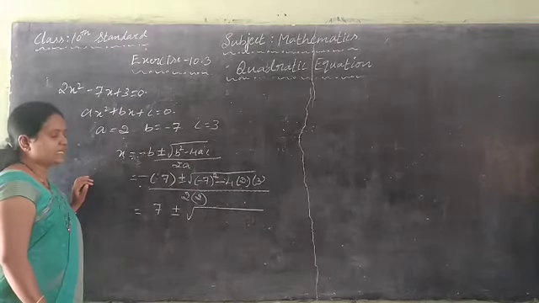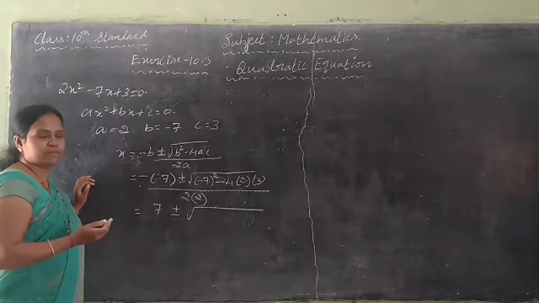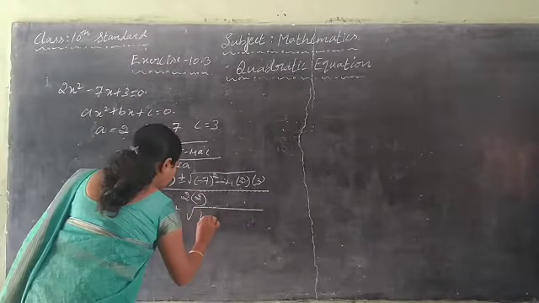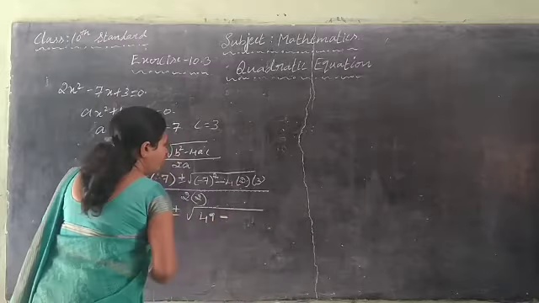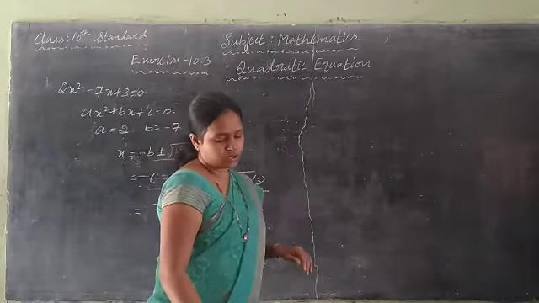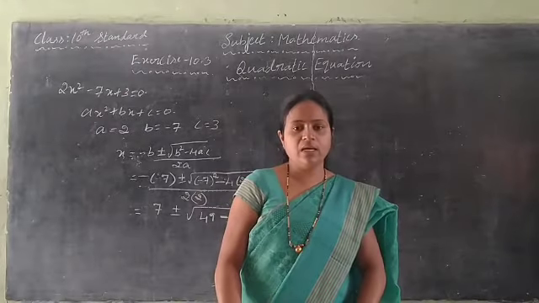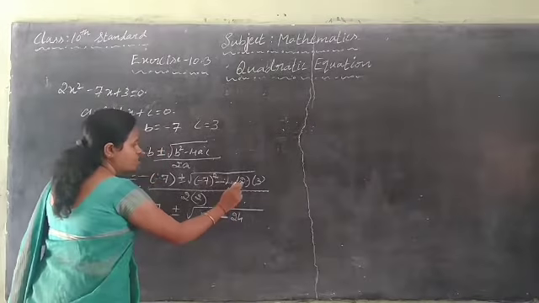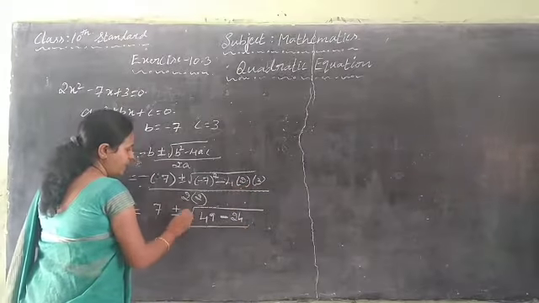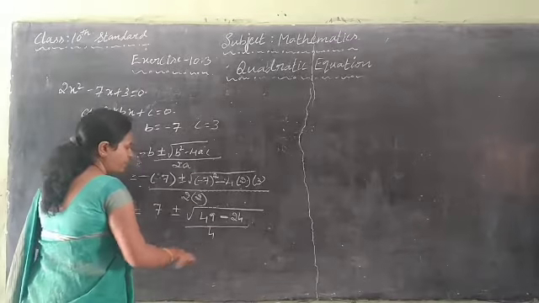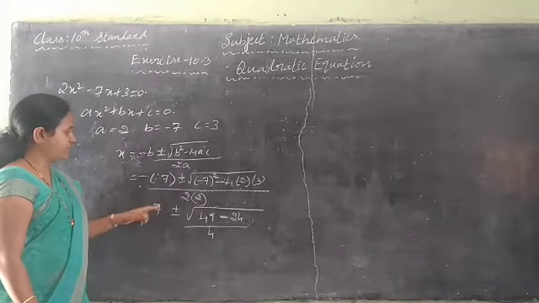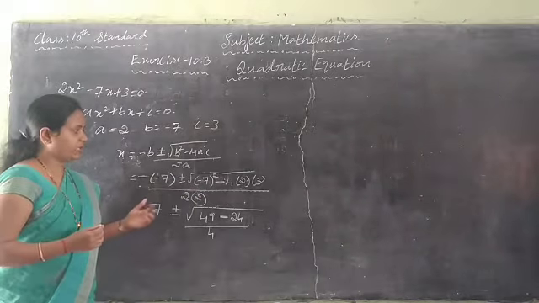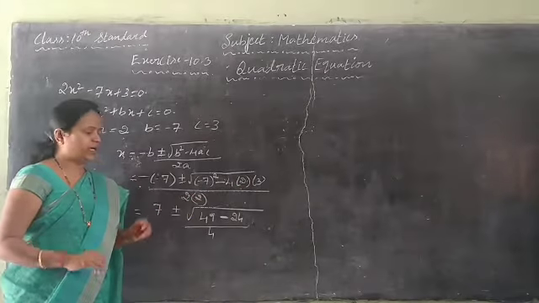Minus 7 whole square means minus into minus plus, 7 sevens are 49, minus 4 into 2 into 3. 4 twos are 8, 8 threes are 24, divided by 2 twos are 4.